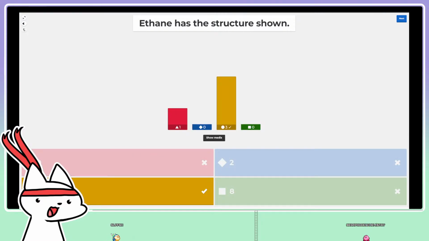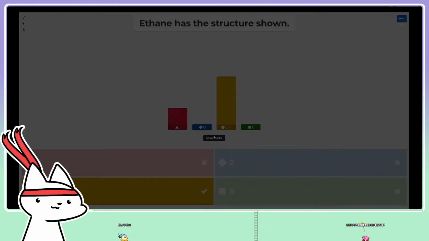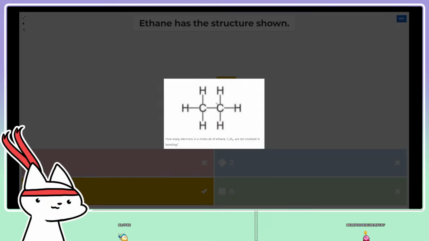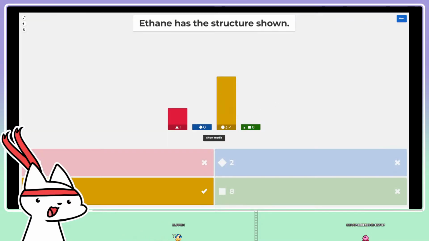So in this case, 0 is actually correct for the valence shell not involved, but carbon is 2.4. So each carbon has an inner shell of 2 electrons that are not involved. First carbon is 2, second carbon is 2, add up to be 4 of them.